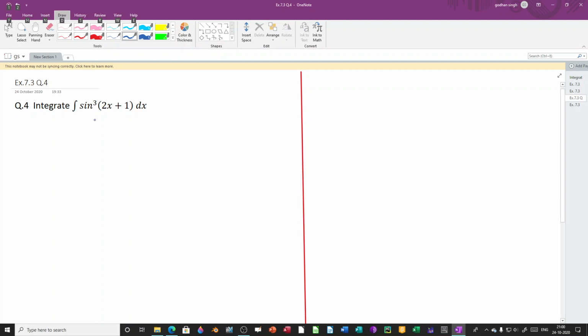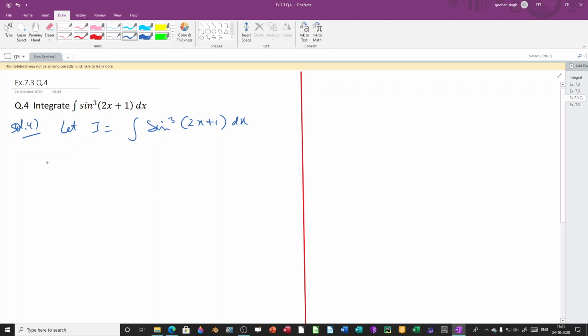Question number 4. Integrate sine cube of 2x plus 1 dx. So solving the fourth one, let I equal to integration of sine cube of 2x plus 1 dx. Now to solve this function, we'll be rewriting it by using the formula of sine cube x in terms of sine 3x.